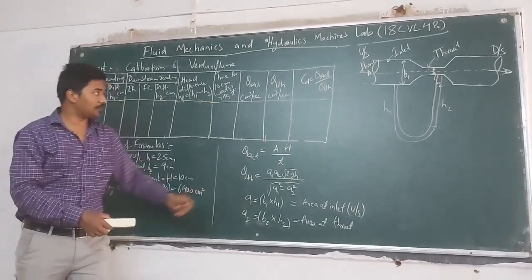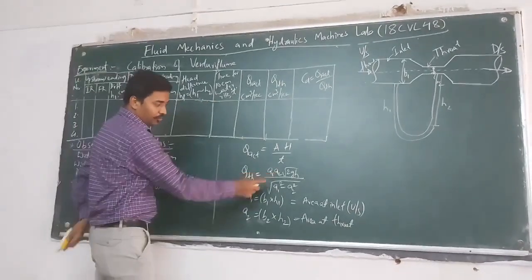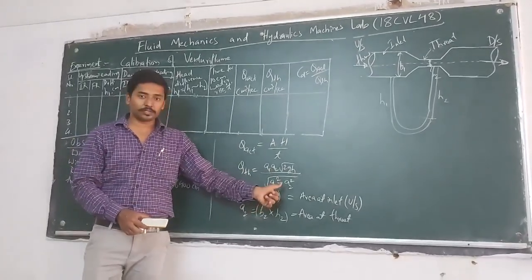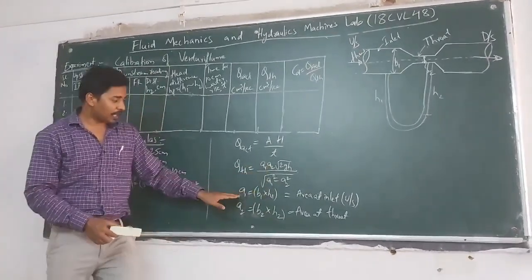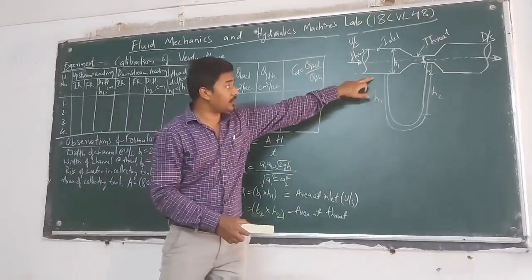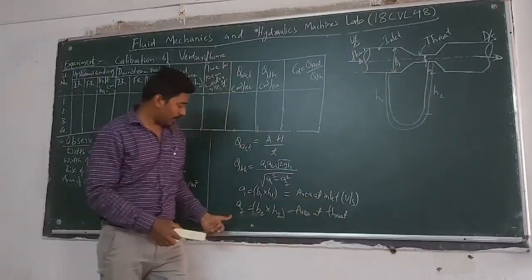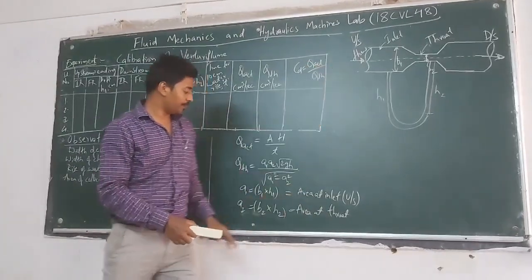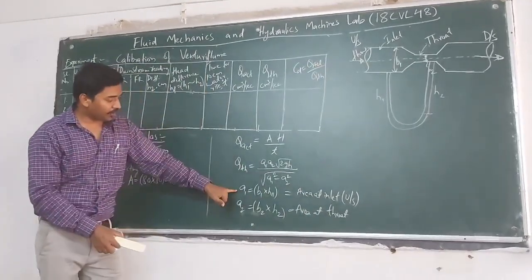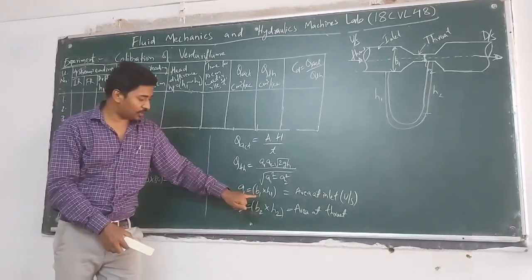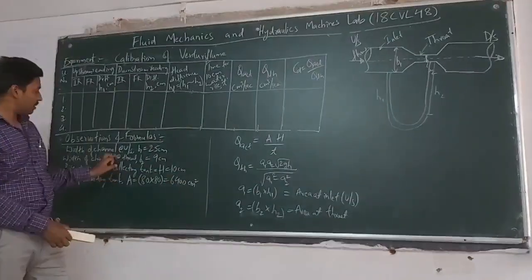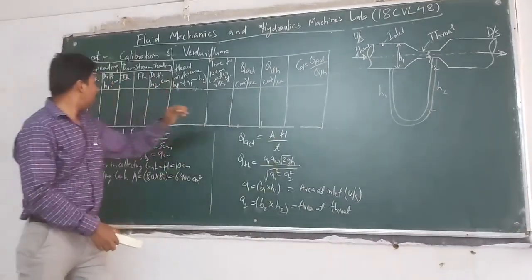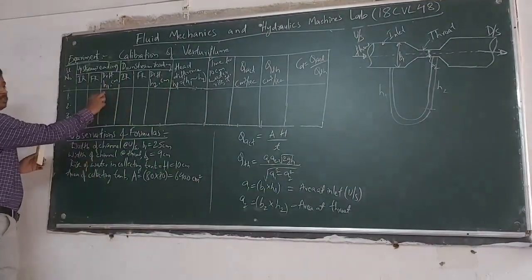The theoretical discharge formula is A1 A2 into root of 2GH divided by the square root of A1 square minus A2 square, where A1 is the area at section 1, the inlet, and A2 is the area of the throat in the Venturiflume. A1 is B1 into H1, where B1 is the width at the inlet and H1 is the head of water at the upstream part.